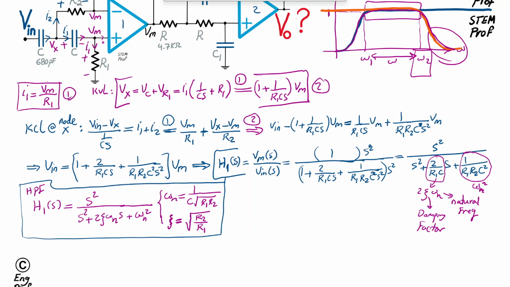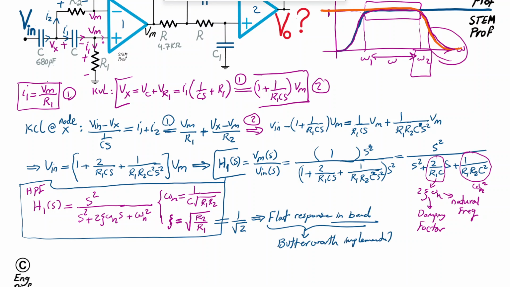Okay, one rule of thumb: setting the damping factor equal to 1 over square root of 2 results in one of the flattest responses in band, basically the flattest we can get, and basically ends up with having a Butterworth implementation of the Sallen-Key topology.